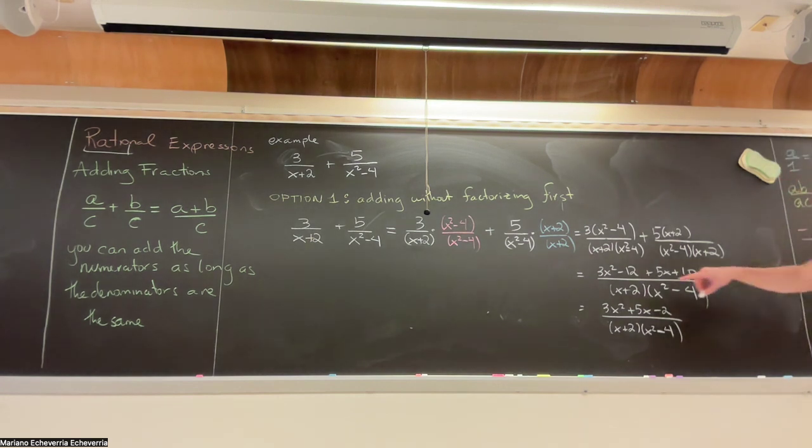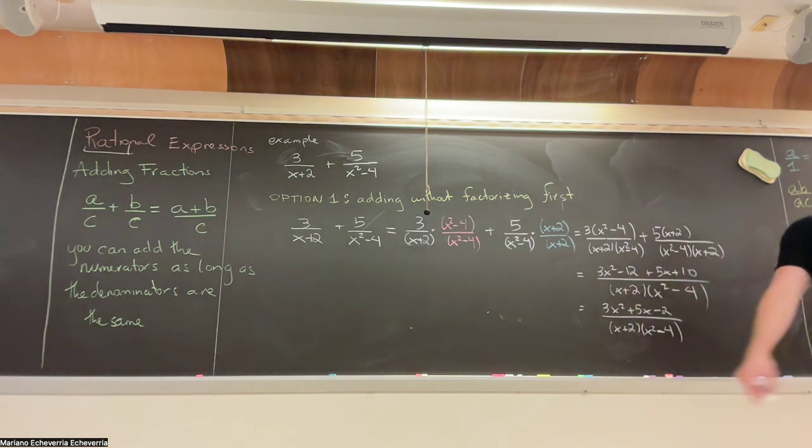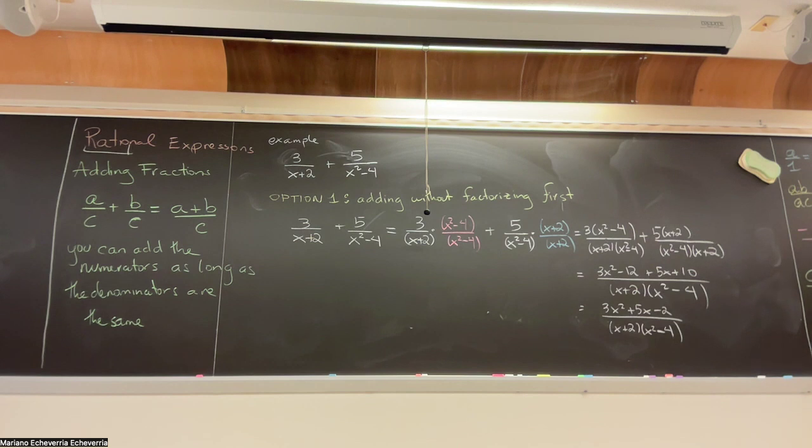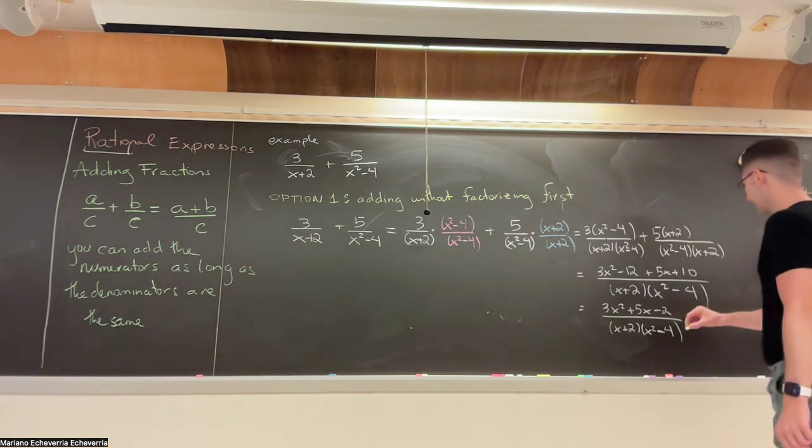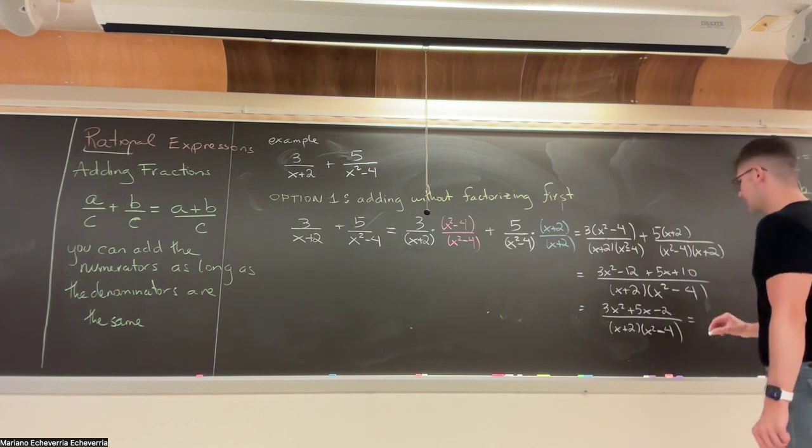The minus 12 plus 10, yes, that becomes minus 2 because of that. And then let's see. Then you can factor this numerator out.